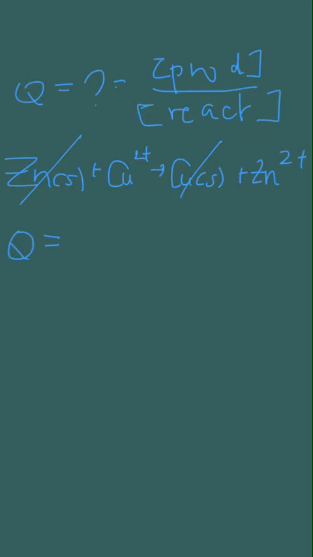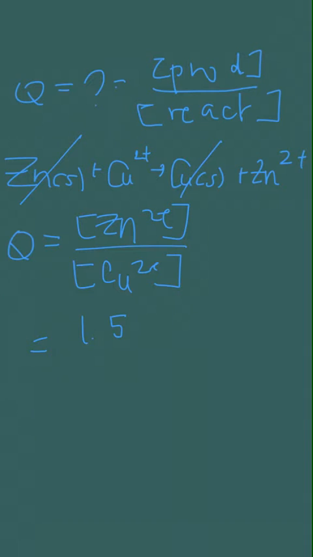So, Q is equal to the concentration of zinc 2 plus over the concentration of copper 2 plus. From the line notation, we know that the concentration of zinc 2 plus is 1.5 and the concentration of copper 2 plus is 0.25. Therefore, Q is equal to 6.